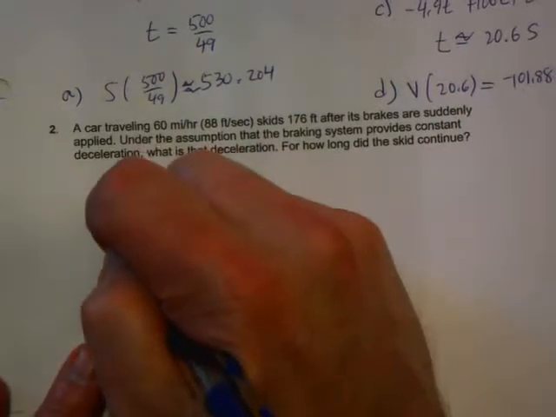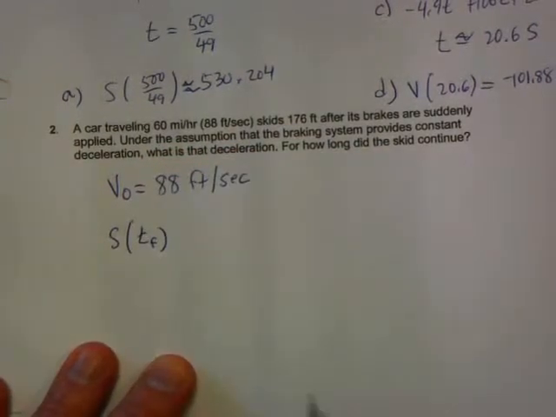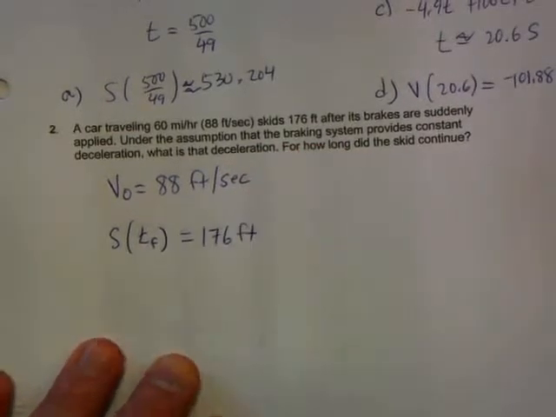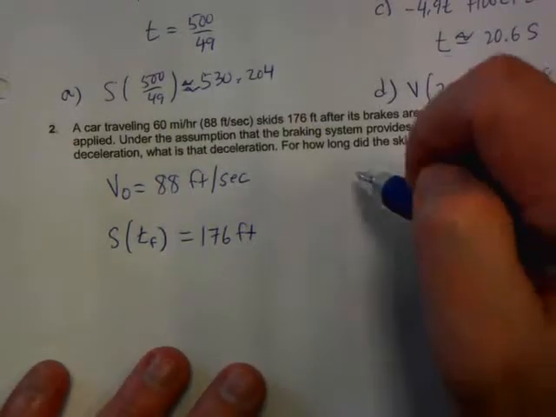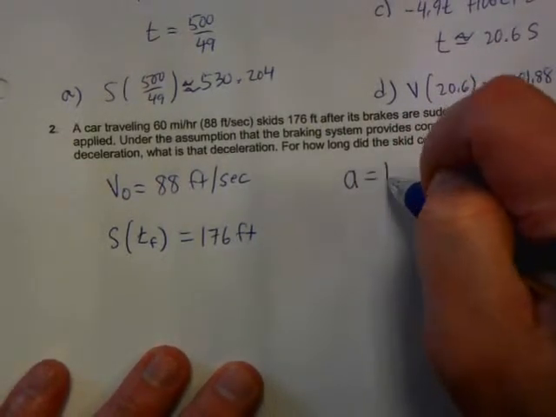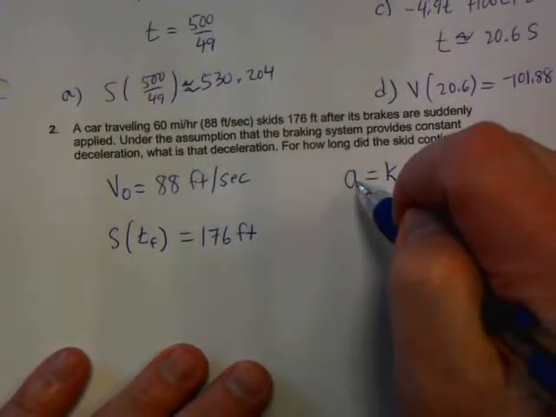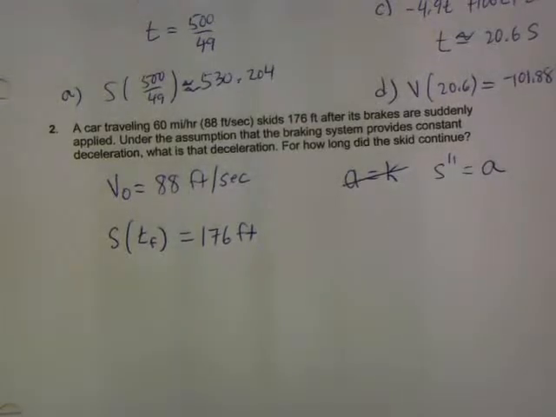So we know S at T final, final position is 176 feet. Anything else? Constant acceleration. So acceleration is some constant K. In fact, I don't like writing it that way. I think I'm going to write S double prime as acceleration. I think I like that better.